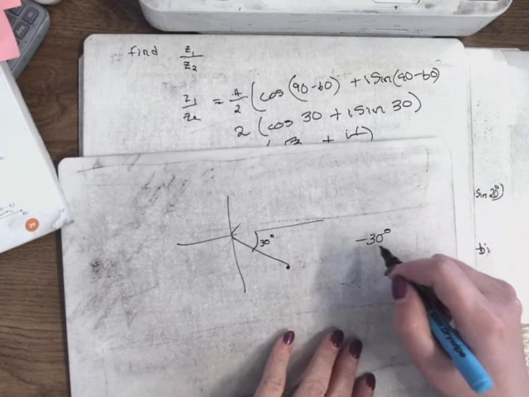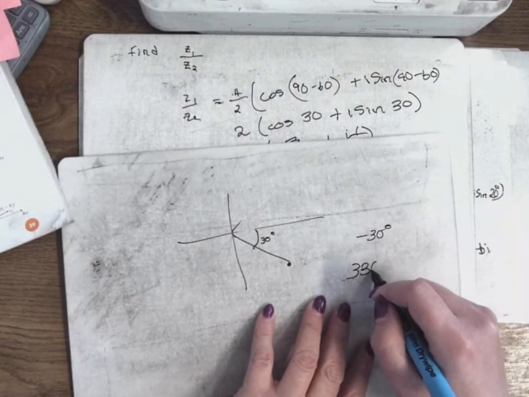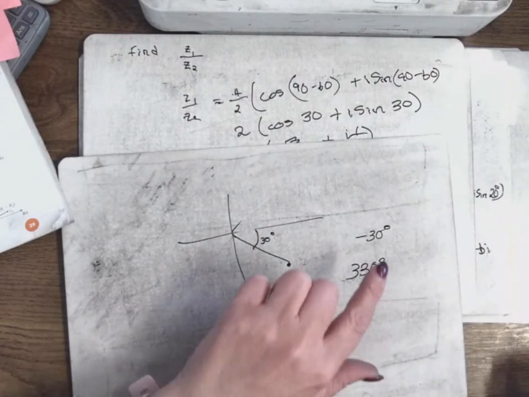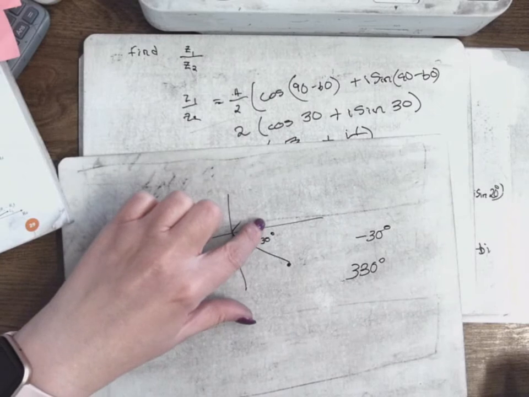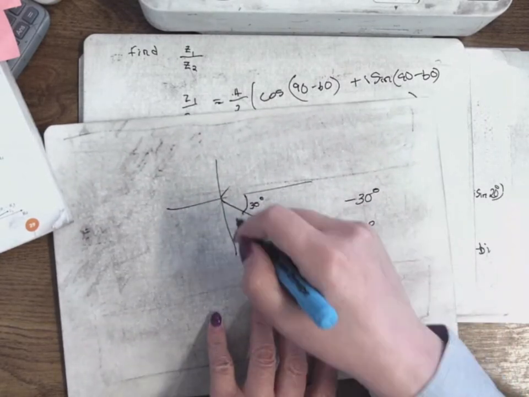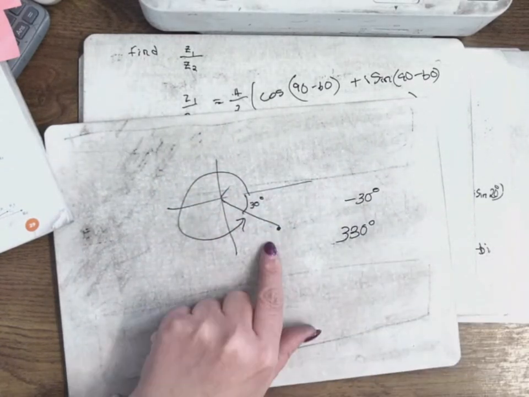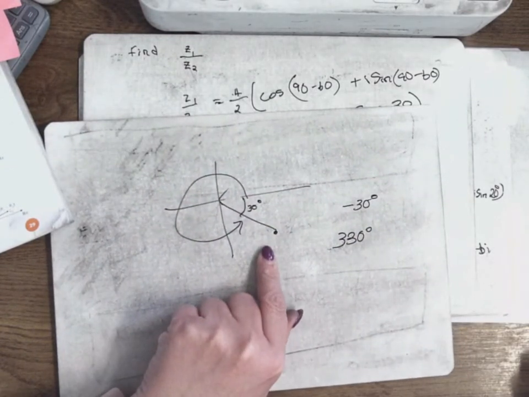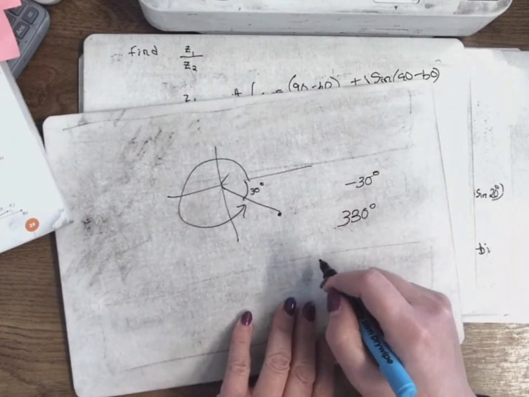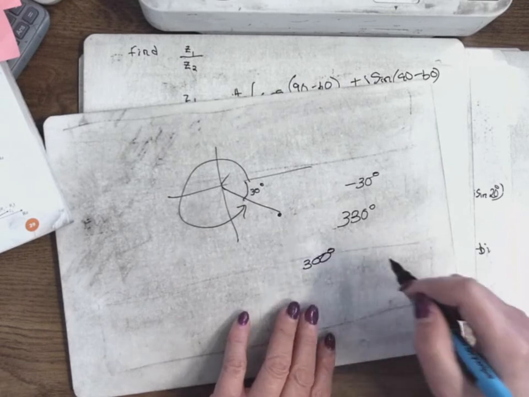If you wrote minus 30 and you wrote plus 330, that's the exact same angle, isn't it? The exact same position, because minus 30 would be 30 in this direction, and plus 330 means go 330 around the other way. The complex number ends up in the exact same position. So if I said an angle of 300 degrees, what would be another way of writing it?